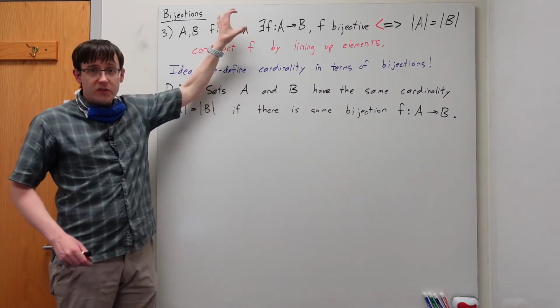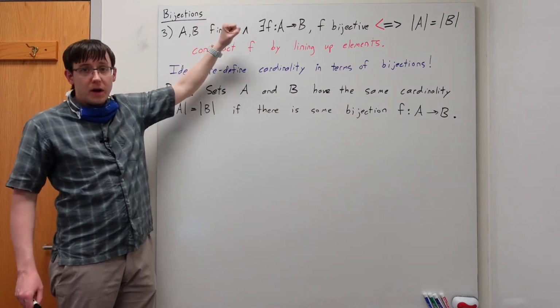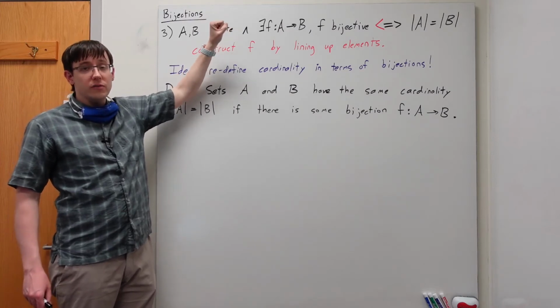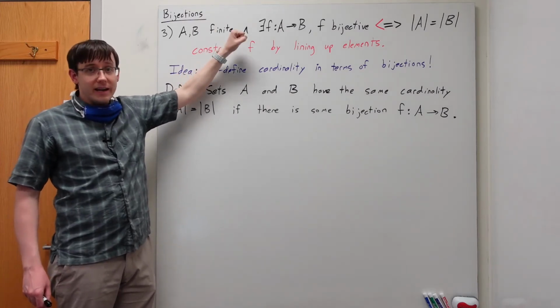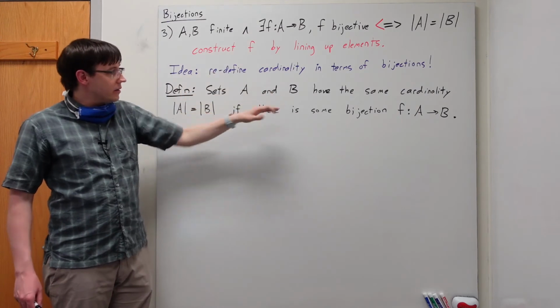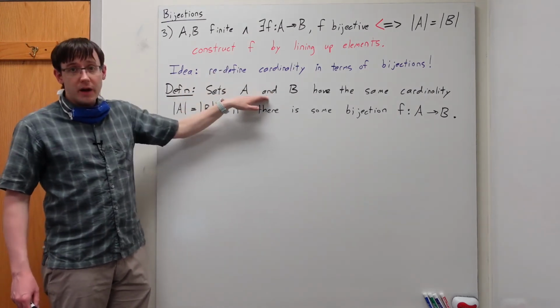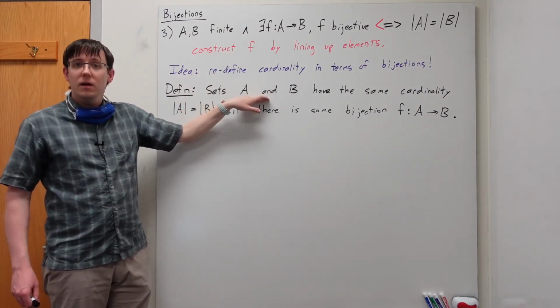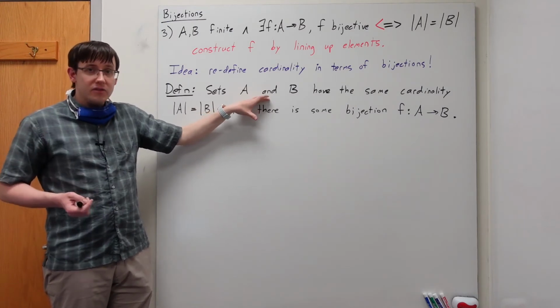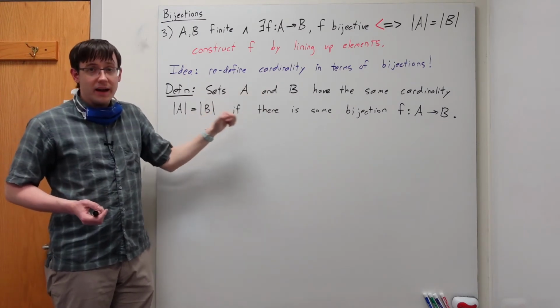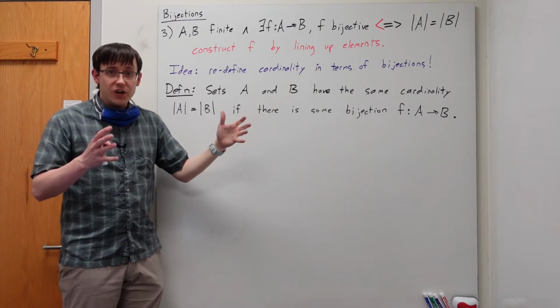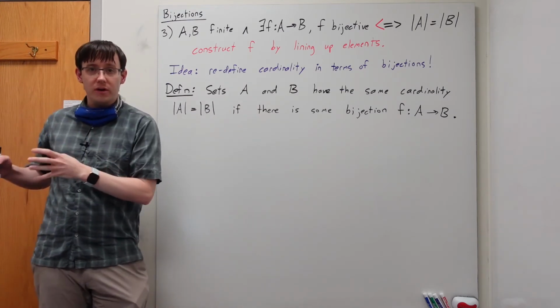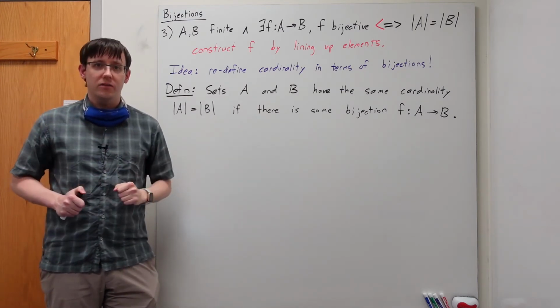And because of the pigeonhole principle, that corresponds to our notion of cardinality for finite sets. But I didn't write finite in our definition here. So let's think about what happens if we extend this idea of bijections giving us equal cardinality to infinite sets.